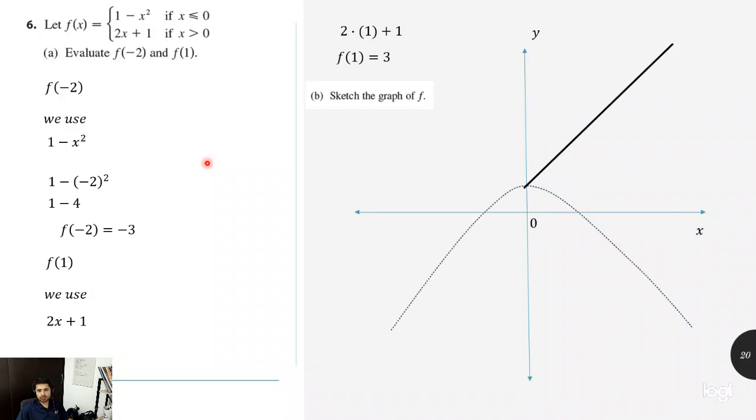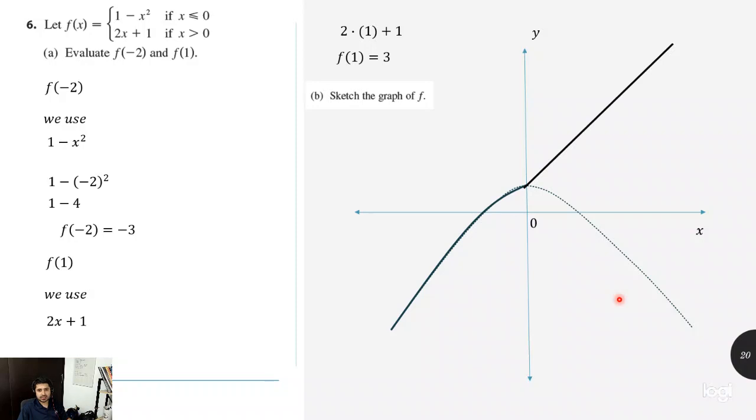So then how do we sketch this graph? Let's start with this one. This is the expression of x squared, because it's negative, we know that it opens downward, and then we just add 1. So we know that this is the expression. But this is going to be valid just for x lower than 0.